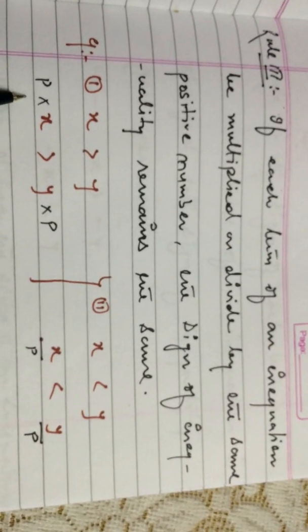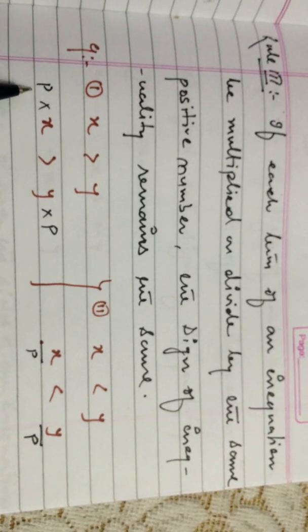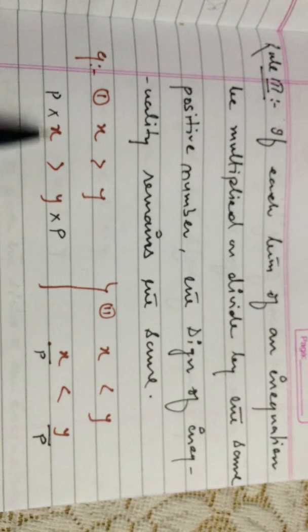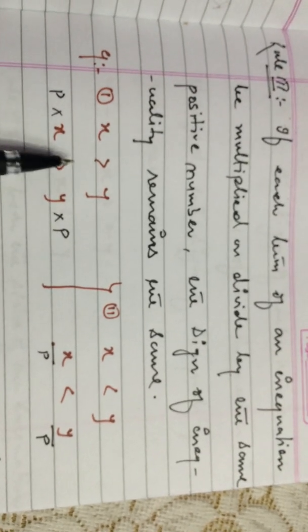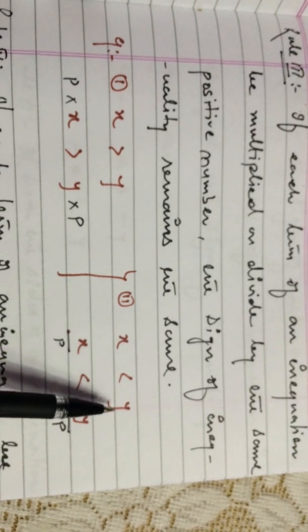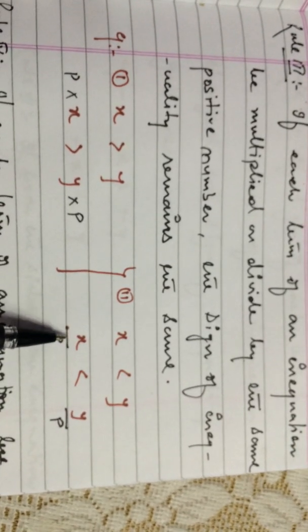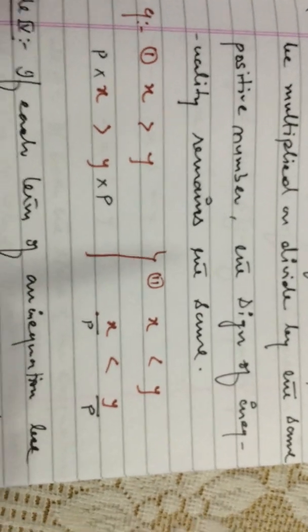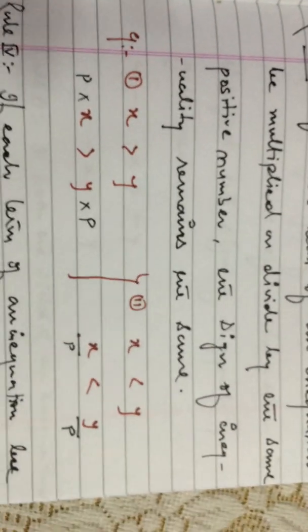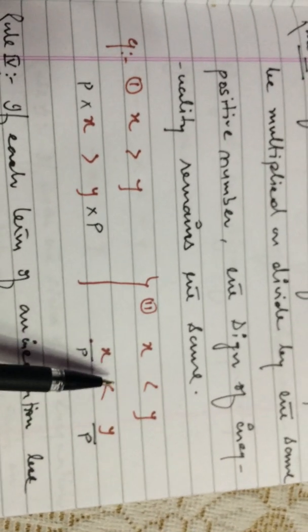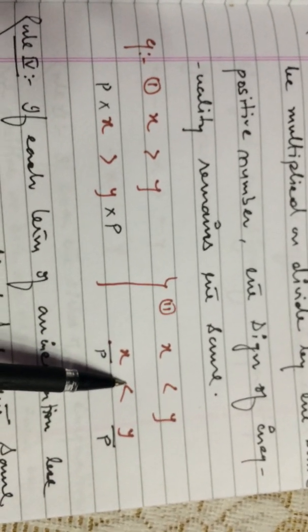If both sides of the inequality are multiplied by the same positive number p, the sign of the inequality remains the same. Similarly, if x is less than y and both sides are divided by the same positive number, that means plus p and plus p, the sign of the inequality remains the same.